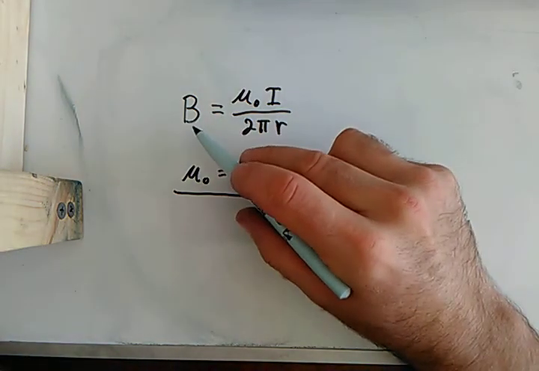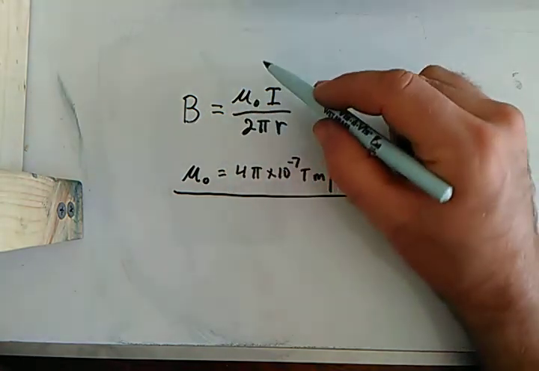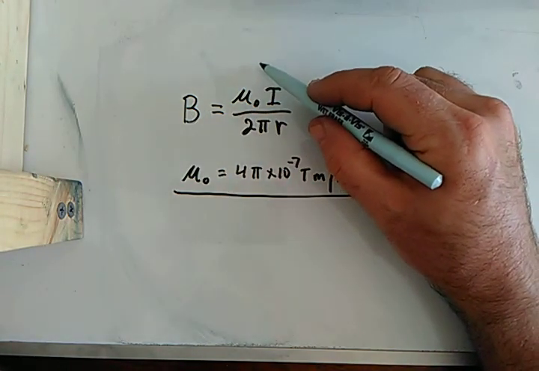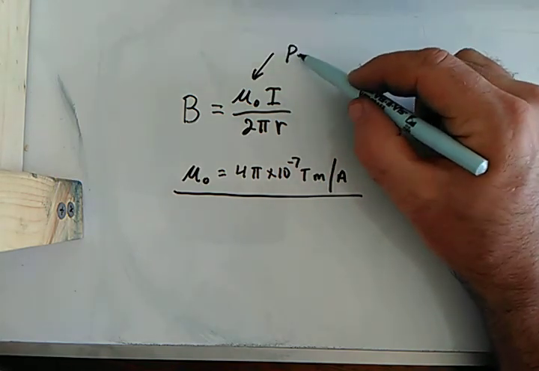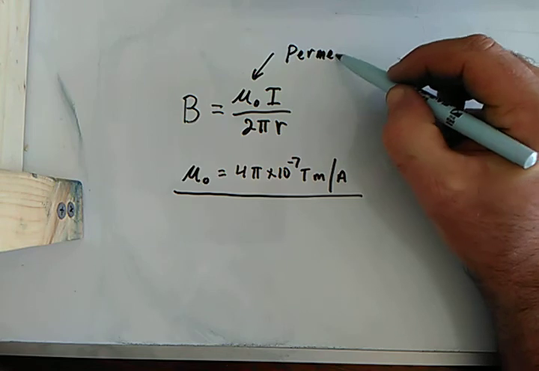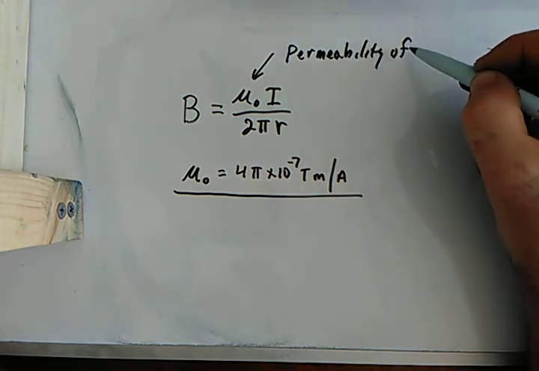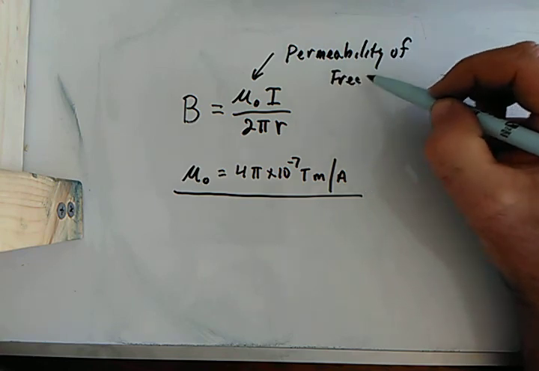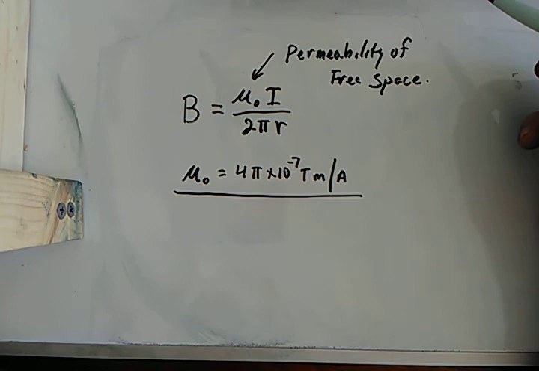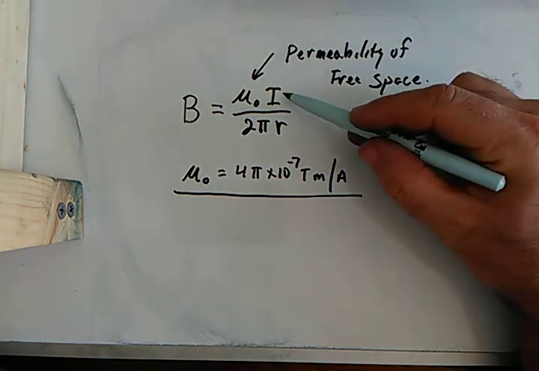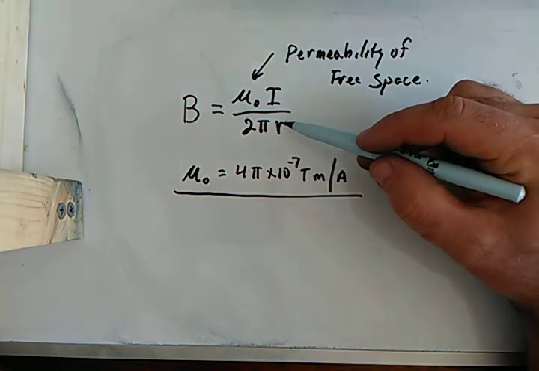So the magnetic field is determined by the permeability of free space times the current over 2 pi r.